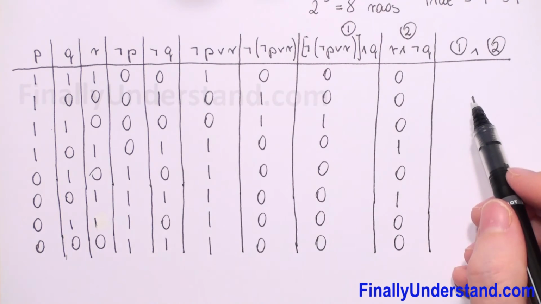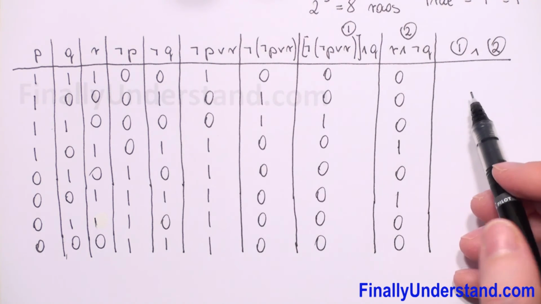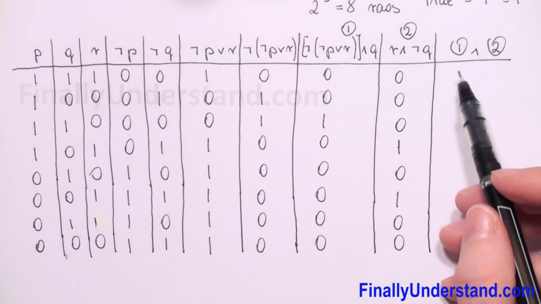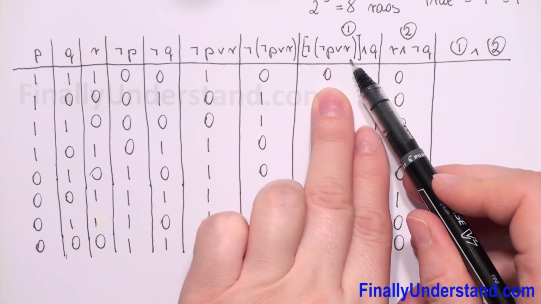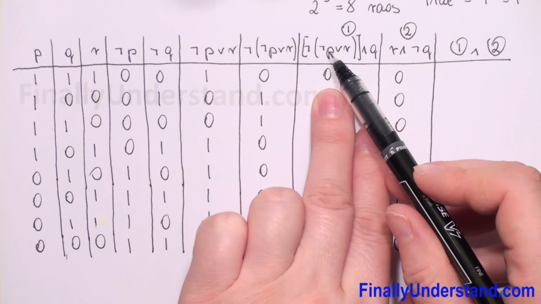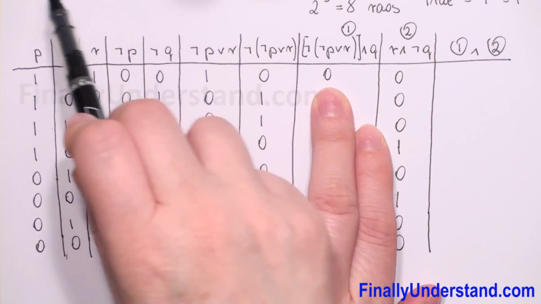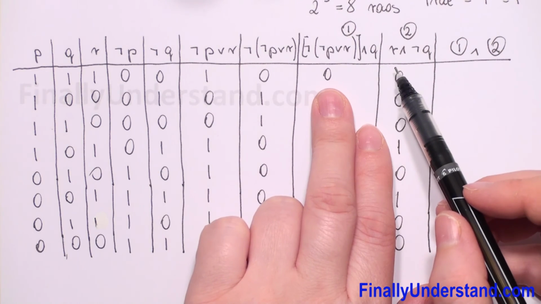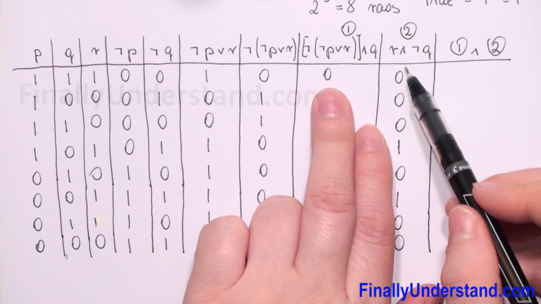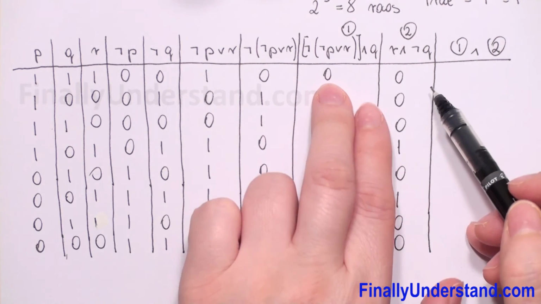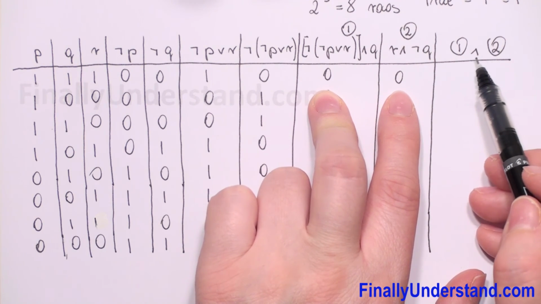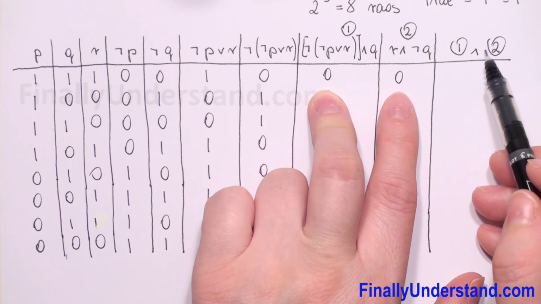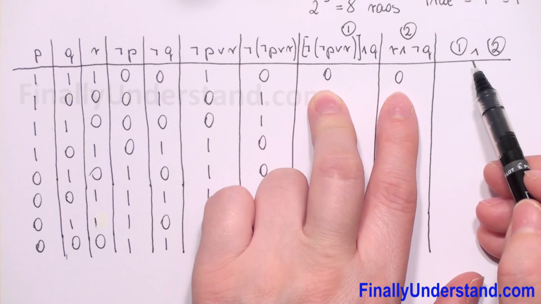And in the last column, we have the truth table for this whole compound statement. So we have to look at this column, because in this column we have our expression in braces, and the last column. Because we have the symbol and, it means we have conjunction. So conjunction is true when both of the statements are true.